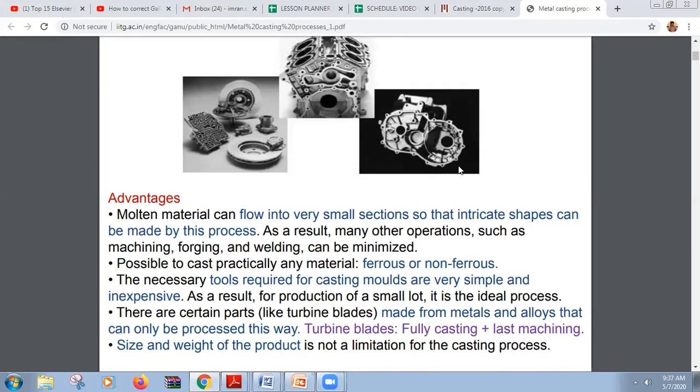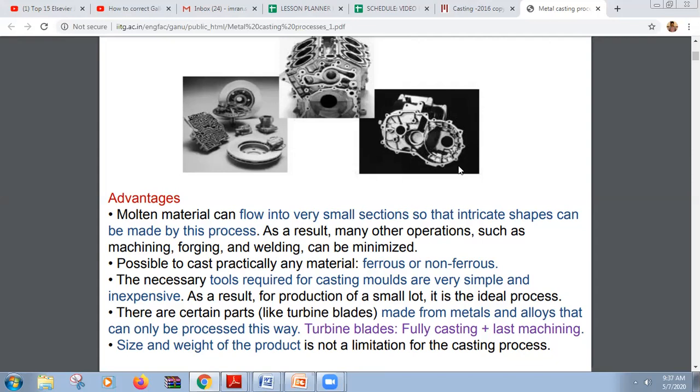Number three, it needs little infrastructure at low cost. A production can be done, and we will see that most of the parts are made by casting. So casting is the process that has the capability of producing almost all types of shapes and sizes.